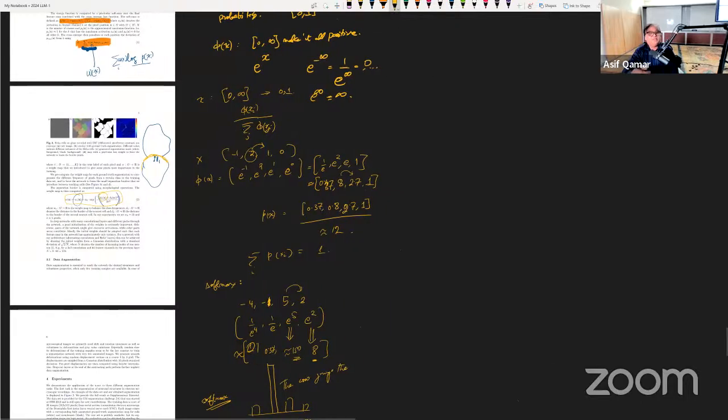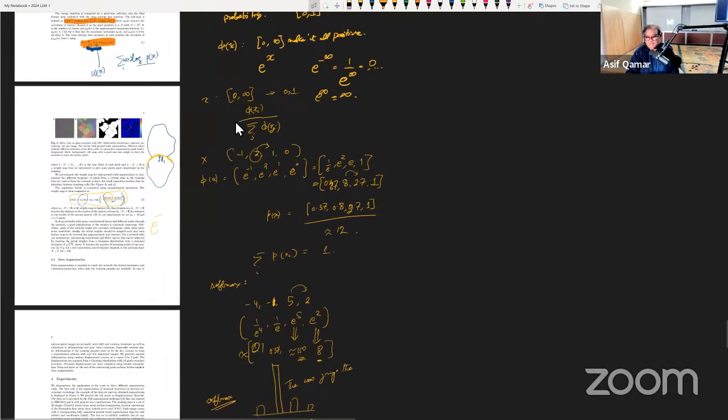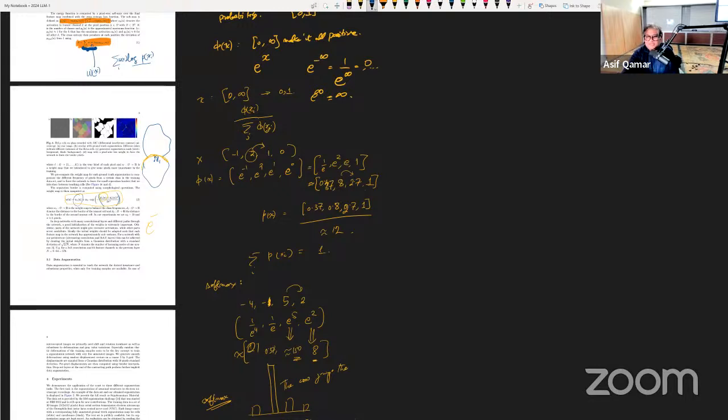If you don't exponentiate it, remember e to the minus something, right? What is the shape of e to the minus something? Minus e to the minus x square looks like this on both sides. But since distances are positive, any d value will look like this. So what does it mean? The closer you are to the boundary, the more weightage to give.